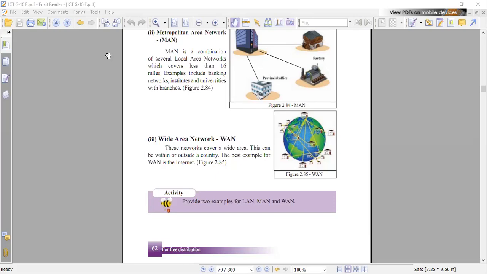Wide area network, WAN. Under that, write down: these networks cover all over the world.